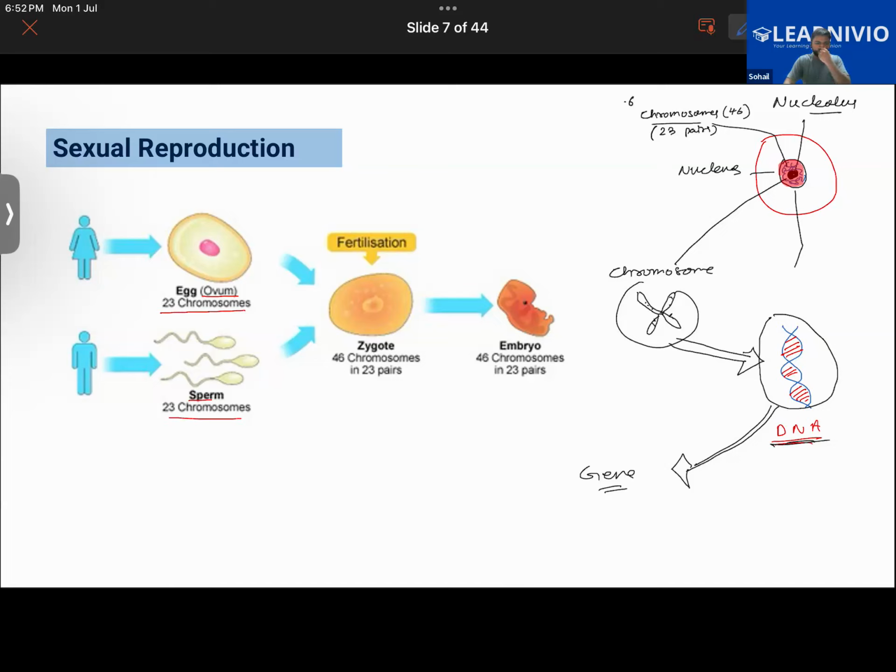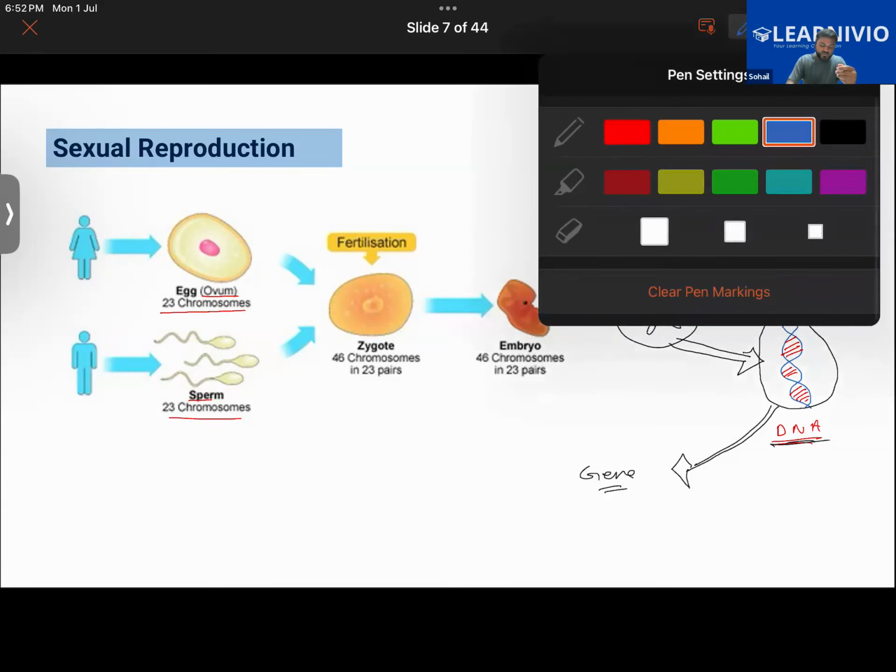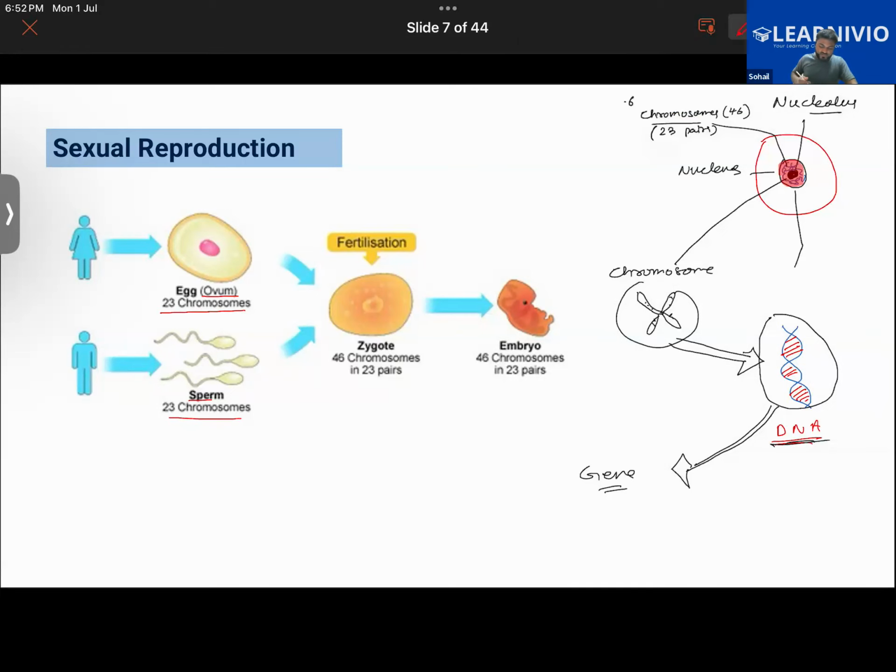So sexual reproduction is the reproduction of a new organism from two parents by making use of their sex cells. I'm going to keep it simple, because some concepts you will learn in higher classes.